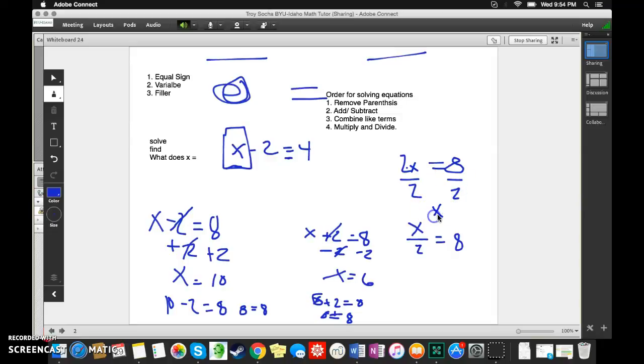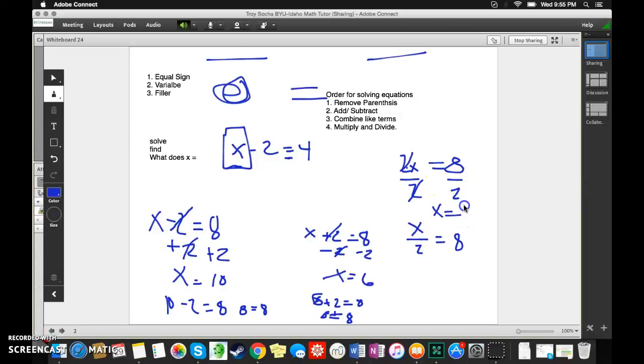So x equals, now that we're dividing, these cancel out because we did the inverse process. So the inverse process is the opposite process to what we're doing in the equation.